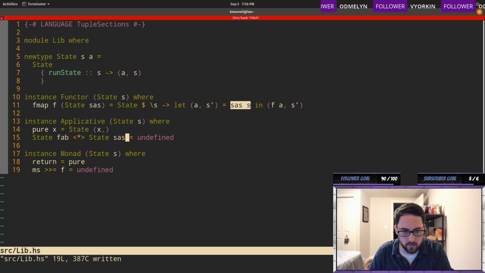So this will get me the first state, and then I need to transform A and stick this prime back in there, right? I think that's right.